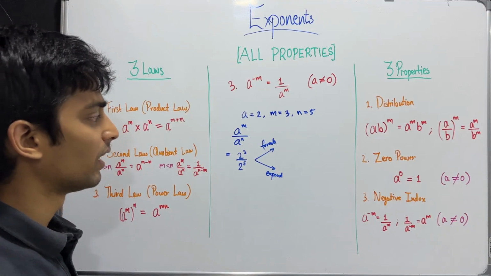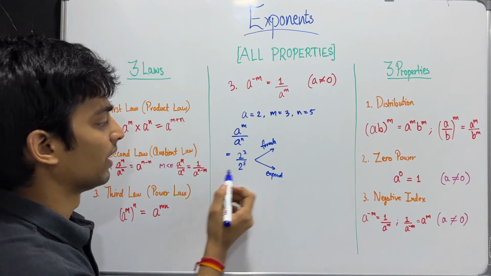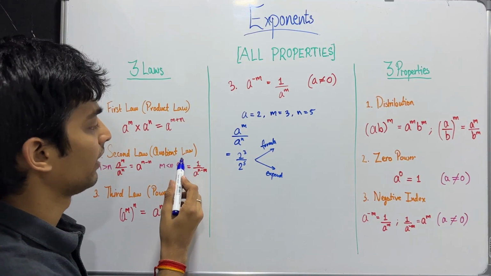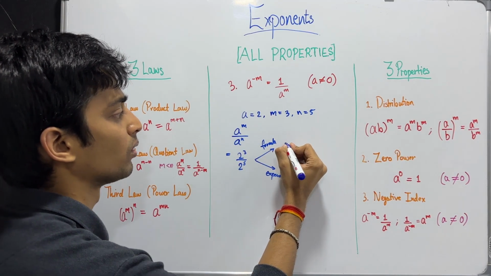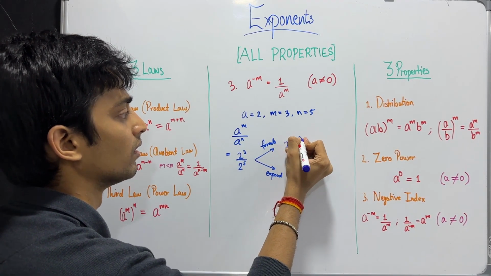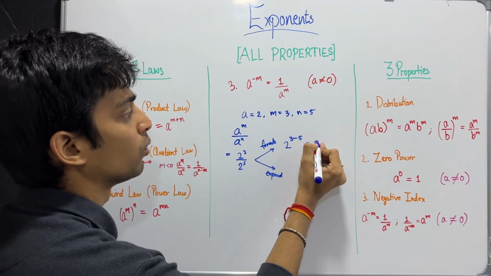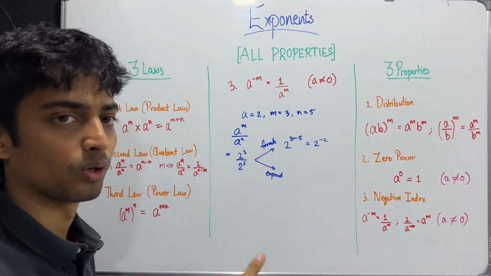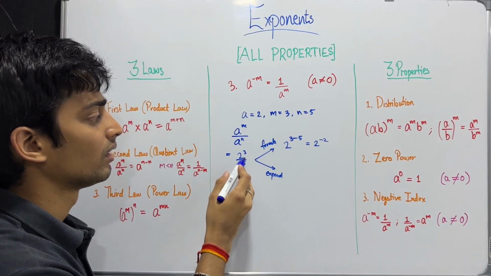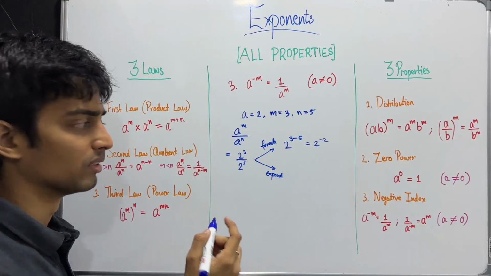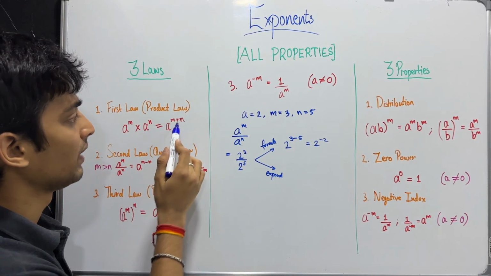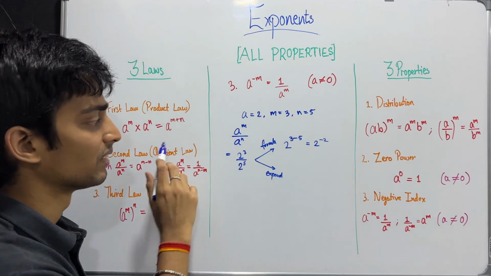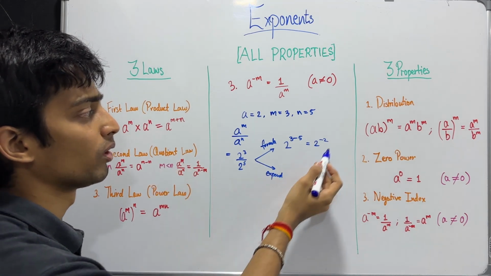So what does the formula say? Formula says that you subtract the m and n. So 2 raised to 3 minus 5, which is 2 raised to minus 2. Okay. So whenever it is in division, we subtract the powers if the base is same, and in multiplication we add the powers if the base is same. Okay, so with the formula we got 2 raised to minus 2.